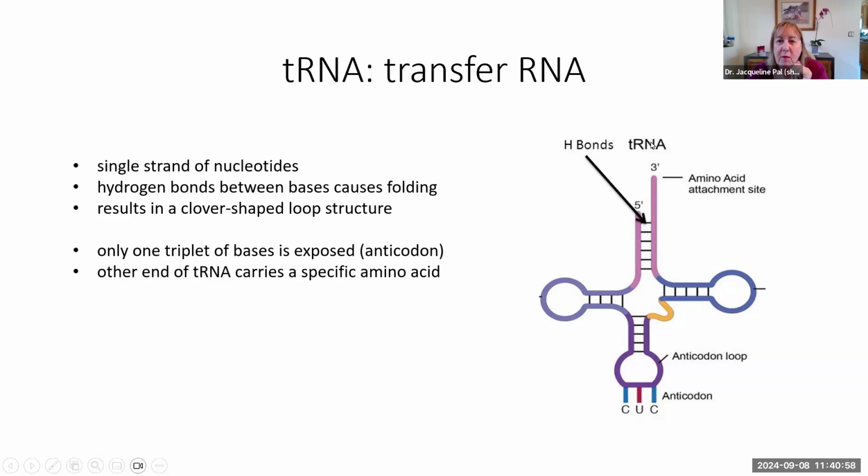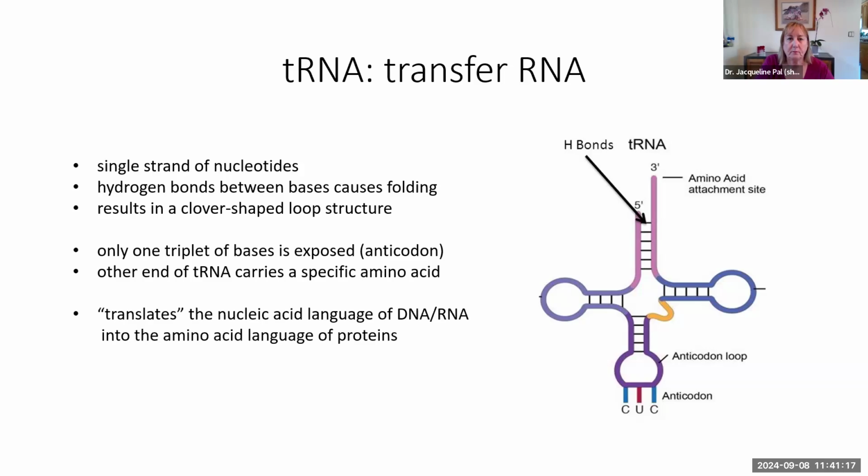Now, up here at the 3' end of transfer RNA is where a specific amino acid is going to attach. So each transfer RNA carries a specific amino acid, and it is coded for it. So this is how transfer RNA is going to be translating the amino acid language into the nucleic acid language.